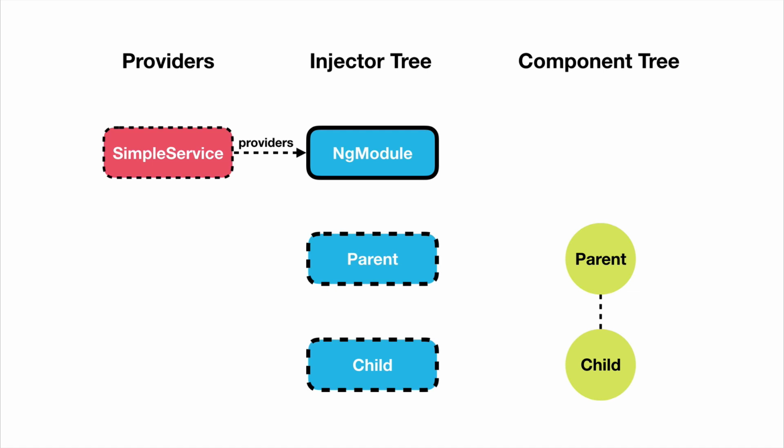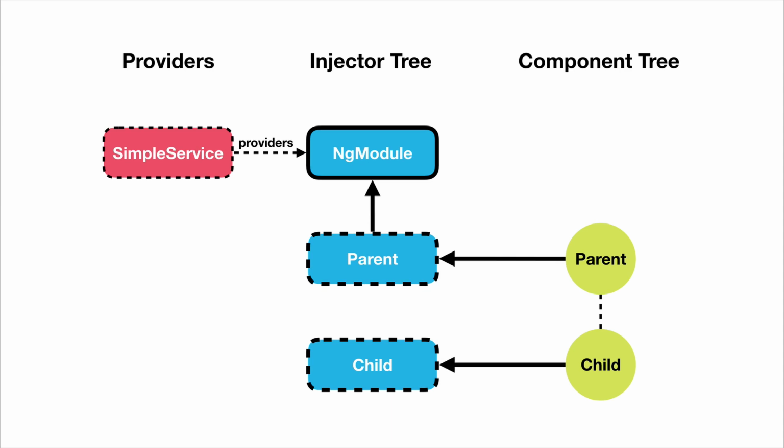If the parent component requests an instance of SimpleService, it will forward the request to its injector, but since we haven't configured it on the parent component, it's going to forward the request to its parent, which is the NgModule injector. Since we've configured it there, it's going to return an instance of SimpleService. Then when the child component requests the token SimpleService, it goes to its injector.